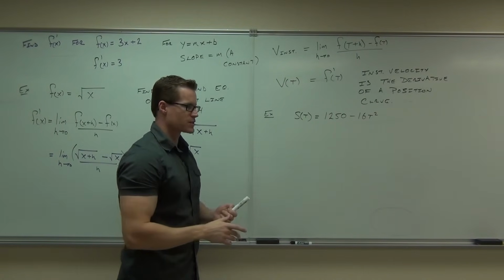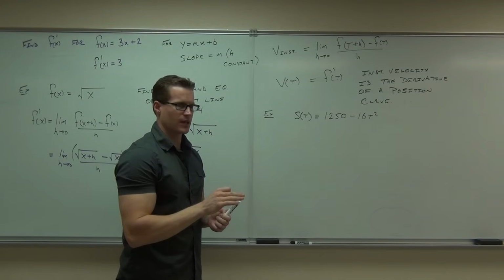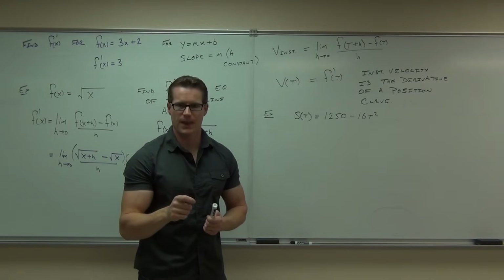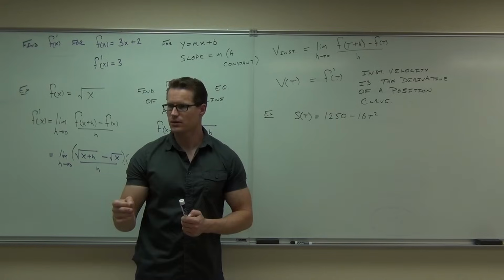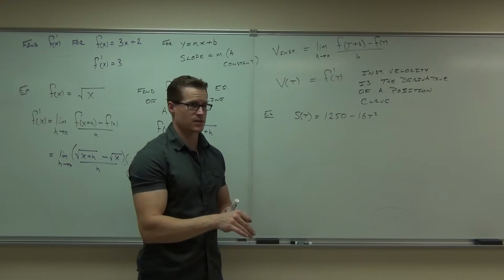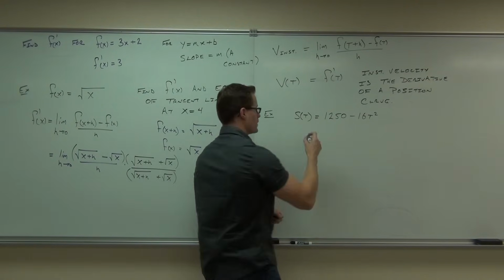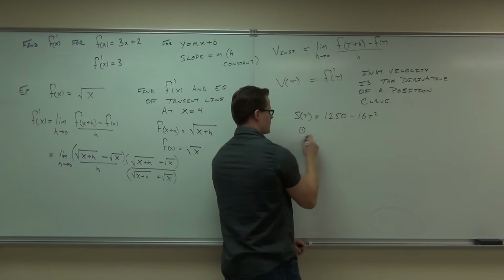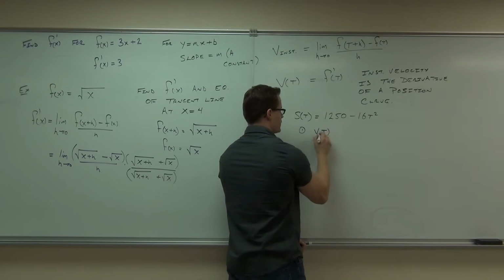I want to do three things. I want to find the velocity, the instantaneous velocity, the formula for that. I want to find out when this hits the ground. I want to find out what the velocity is when it does hit the ground. So, three-part question. First part, find v of t.